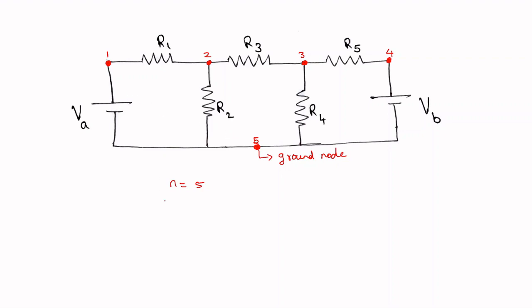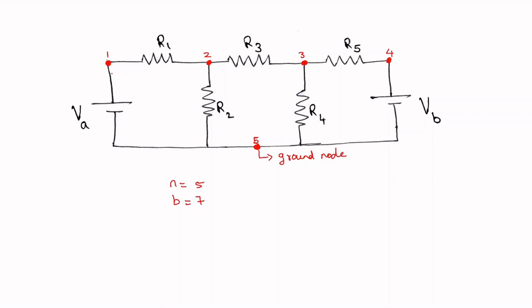So there are totally 7 branches here. One is VA, R1, R2, R3, R4, R5 and VB. The element VB is lying between node 4 and 5, that is also a branch, so there are totally 7 branches.